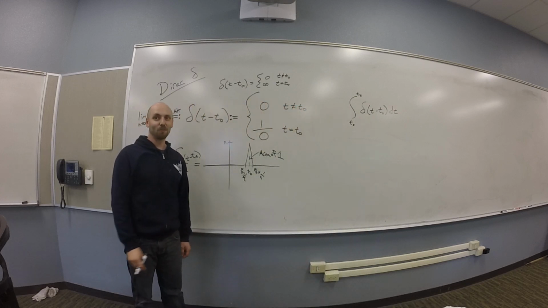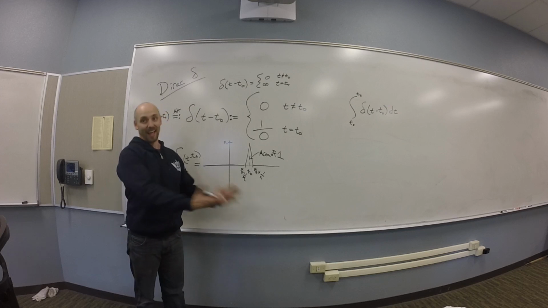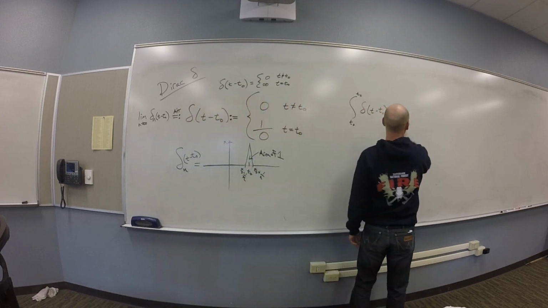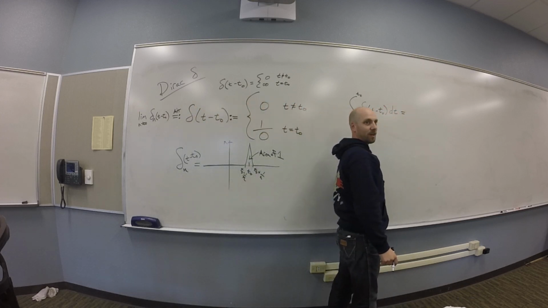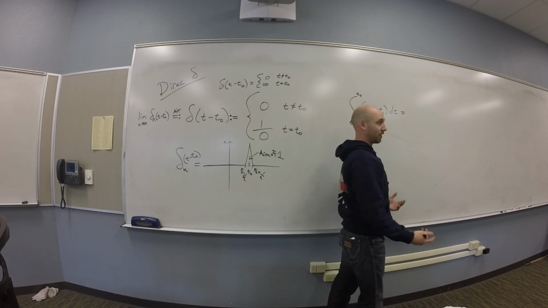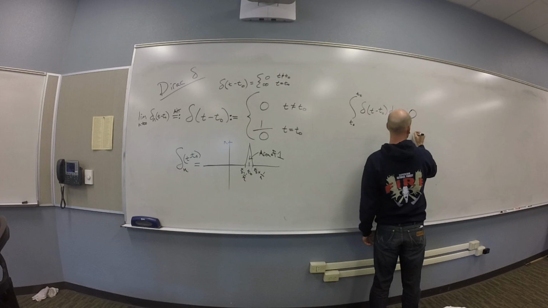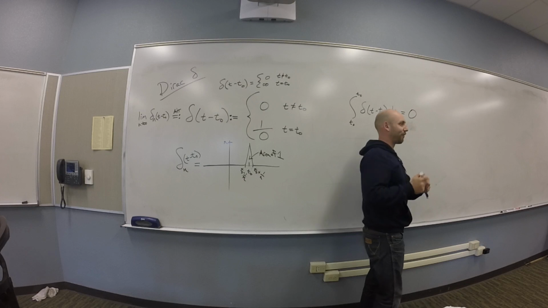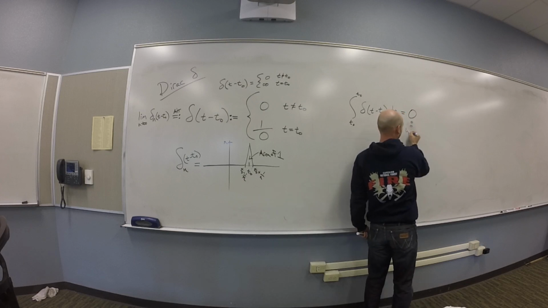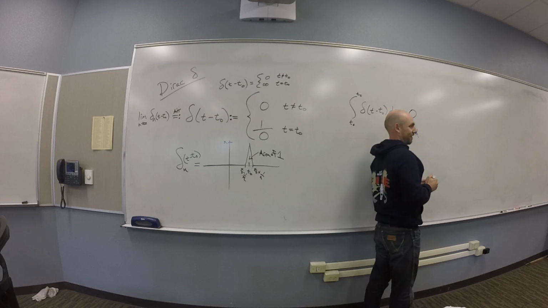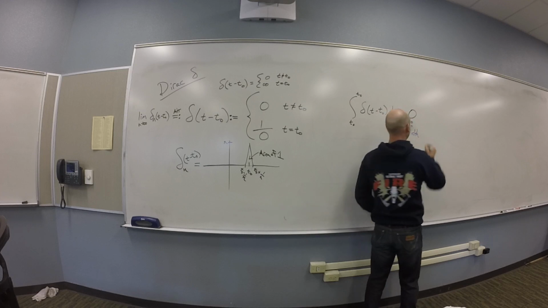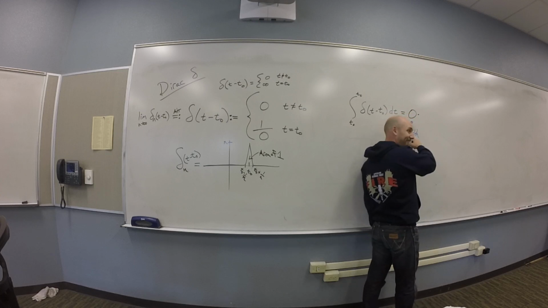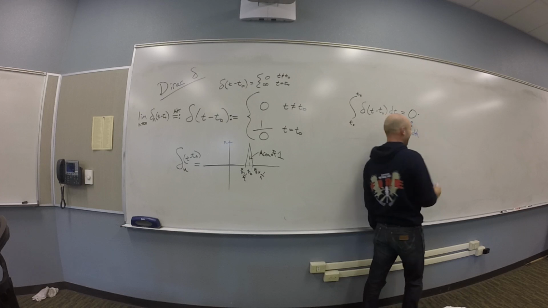According to everything I was saying when we were doing the unit step function stuff, this should be 0, right? Because it's the area under a point. If you go to Riemann sum land, it should be the width of the rectangle times the height of the rectangle.